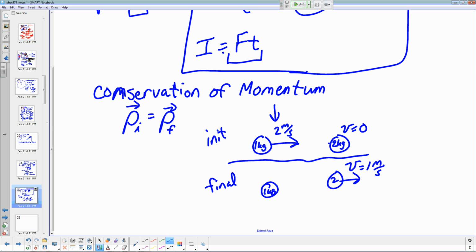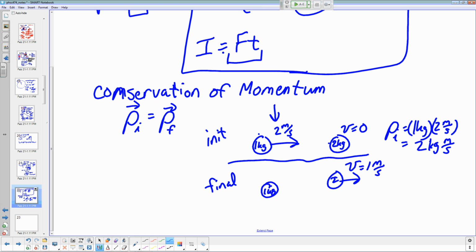If my initial is equal to my final momentum, here my initial momentum is equal to the mass times velocity. That's 1 times 2 meters per second. So that's 2 kilogram meters per second. Over here, the total momentum has to be the same. So the sum of these two momenta have to add up to equal the same amount. So what must be the velocity of the 1 kilogram mass?